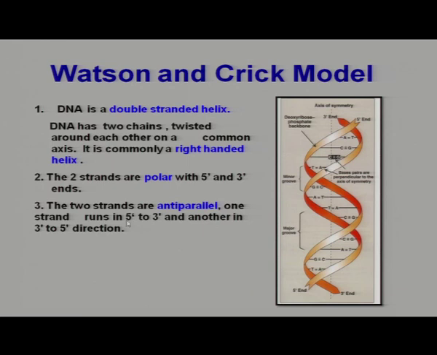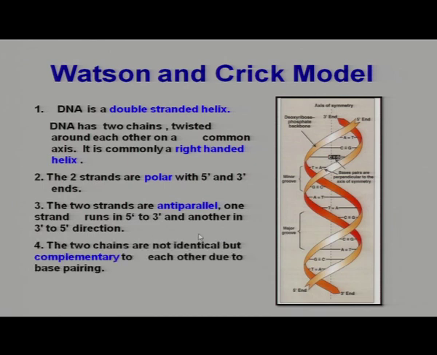The 2 chains are not identical, but complementary to each other. Complementary means if an adenine nucleotide is there in one strand, in the other strand there will be a thymine nucleotide. Adenine will always combine complementarily with thymine and guanine always combines with cytosine complementarily.